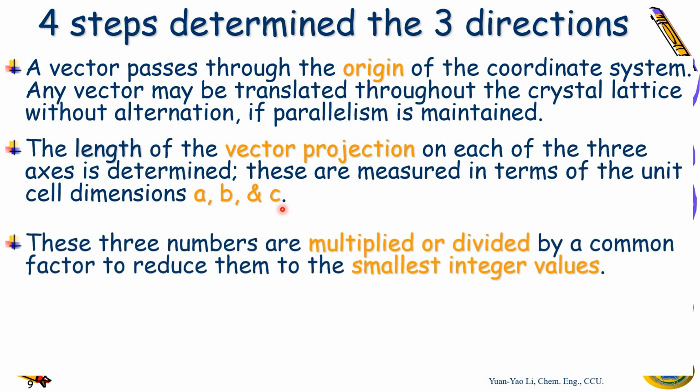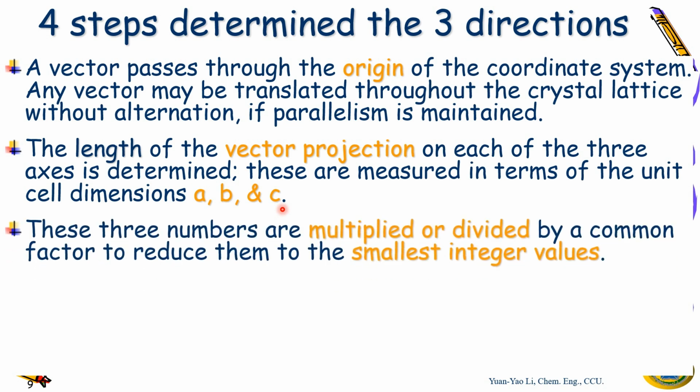Okay? So you get 3 numbers. These 3 numbers are multiplied or divided by a common factor to reduce them to the smallest integer values.